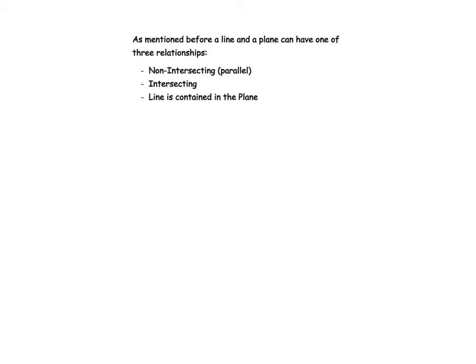Okay, so I want to revisit what was mentioned before about a line and a plane and the relationship that they can have. So 3 different scenarios. The first scenario is a non-intersecting parallel plane and line.